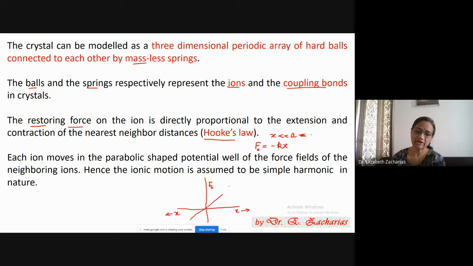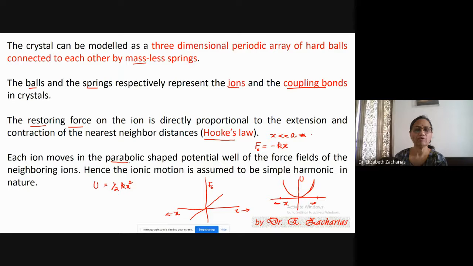Right. Along with this, in that particular chapter, you have also studied how the potential energy changes as a function of X. And you have seen that the expression for the potential energy is half kx square, and that this potential energy variation was in the form of a parabola.